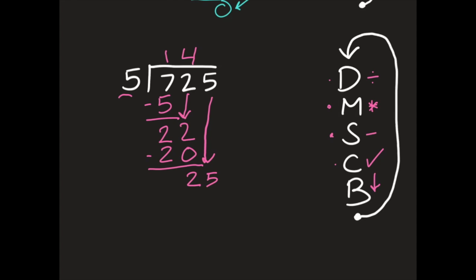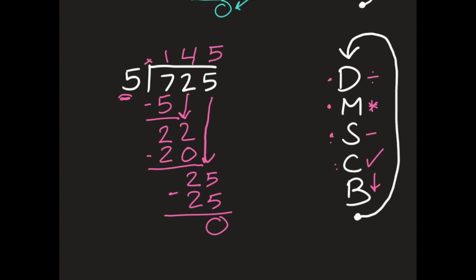So now I have 25. Go all the way up to the top. How many groups of 5 are going to fit into that 25? Thinking about 25 divided by 5, which equals 5. Now I'm going to multiply. 5 times 5, 25. I'm going to subtract. 25 minus 25 is 0.